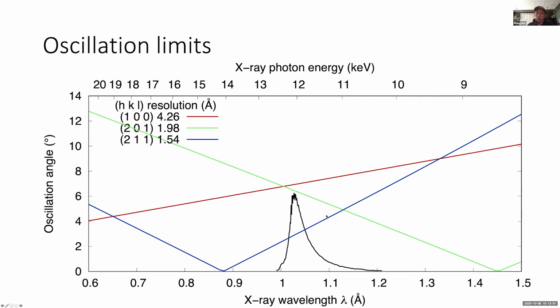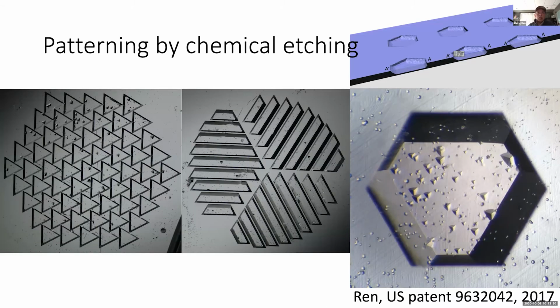So it's a reasonably large oscillation range to do monochromatic oscillation. But of course, compared to Laue diffraction, the shortcomings of mono oscillation are obvious in time resolution. So our work is mostly on Laue diffraction at BioCARS.